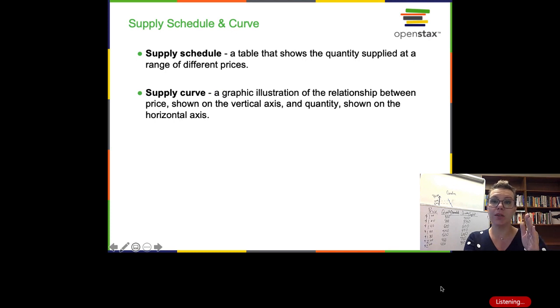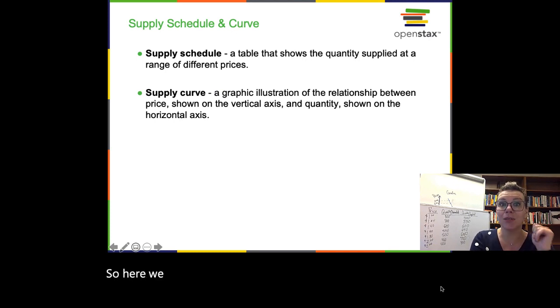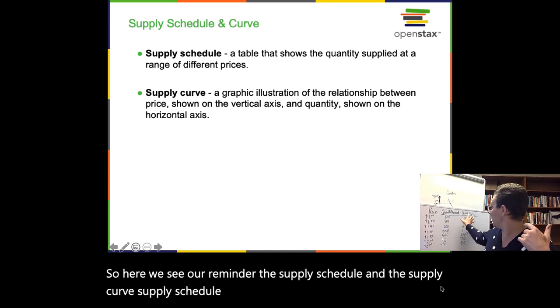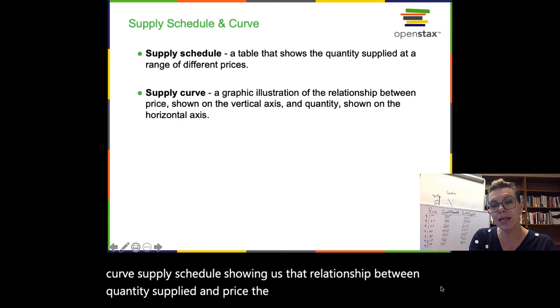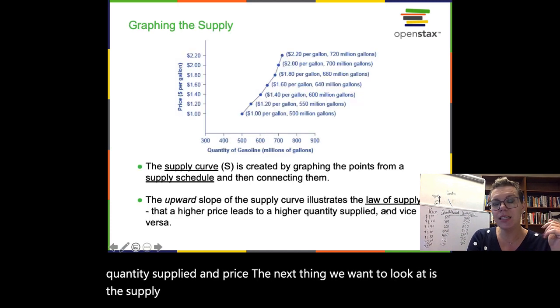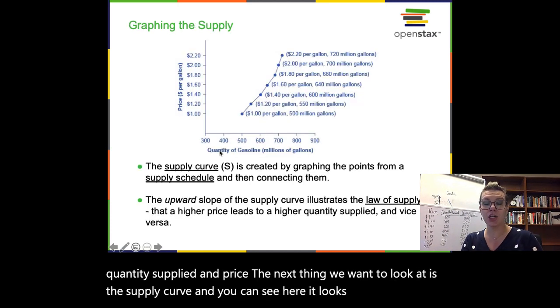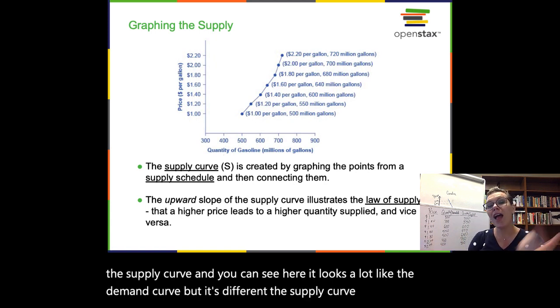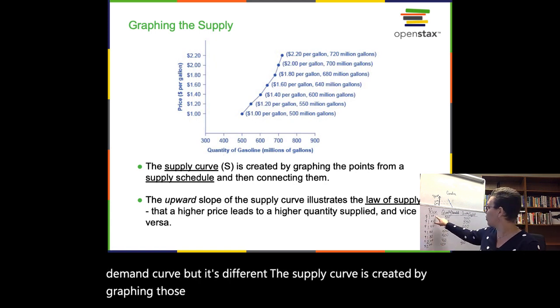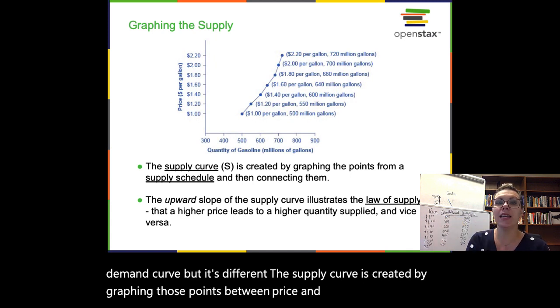Okay. So here we see our reminder, the supply schedule and the supply curve. The supply schedule shows us that relationship between quantity supplied and price. The next thing we want to look at is the supply curve. And you can see here, it looks a lot like the demand curve, but it's different. The supply curve is created by graphing those points between price and quantity supplied in price and quantity space.